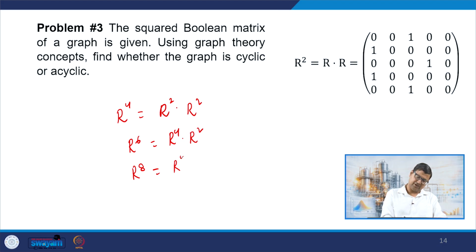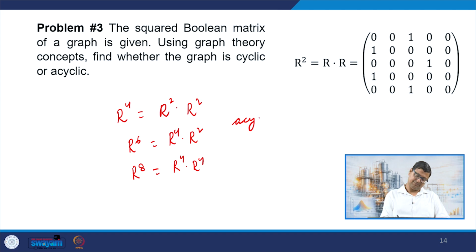If it vanishes, then it is acyclic. If it doesn't, then it is cyclic. So you have to keep on taking powers until either it vanishes or it starts repeating. If it starts repeating, it is cyclic. If it is non-repeating and vanishing, then we have an acyclic graph, right?